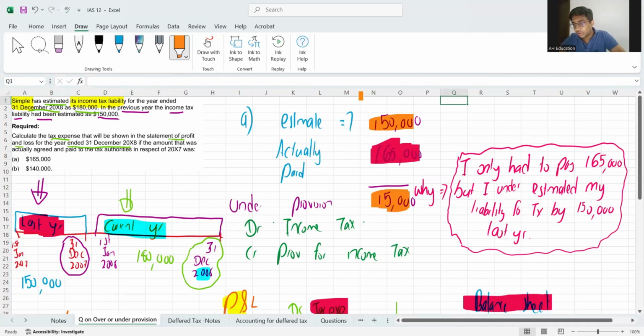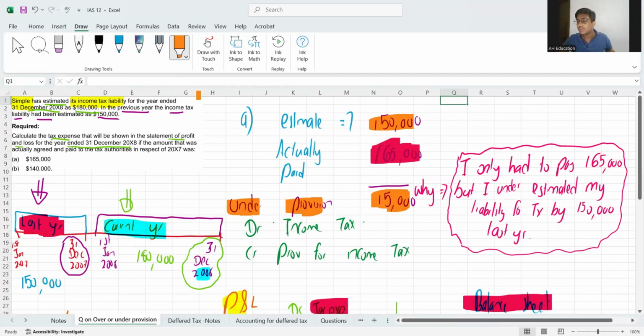Now tell me, what is wrong? I would say your estimate is wrong. As humans, obviously, we tend to make mistakes. So last year, I expected that when I visit the tax department, I only need to pay them 150,000. But actually, I ended up paying 15,000 in excess from my pocket. So this is an underestimate of my last year.